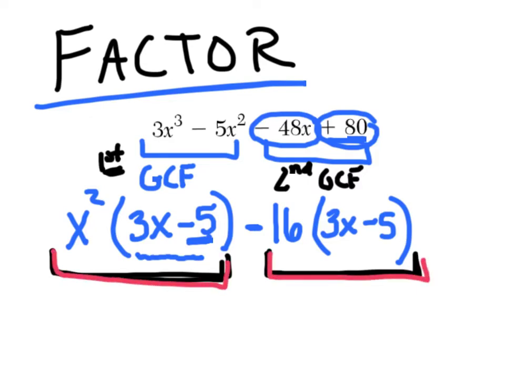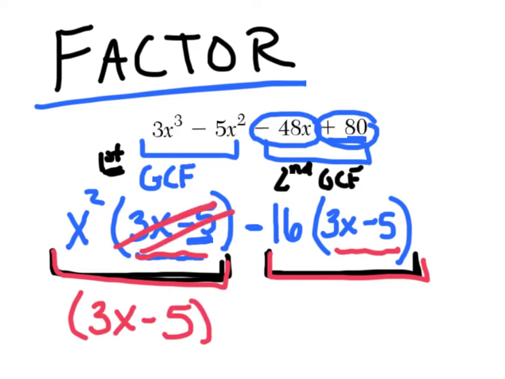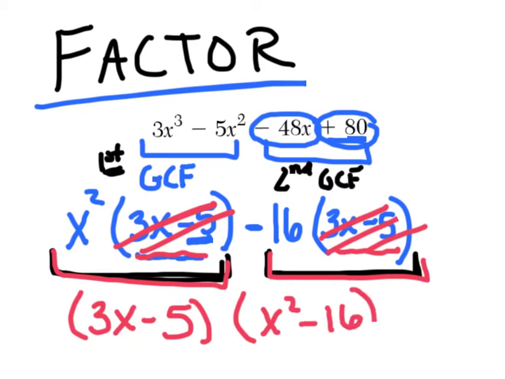I would say they both have the 3x minus 5. So again, I'm pulling that out as a GCF. Now if I take that out, on this side I have x squared, and on this side I have minus 16. Okay, so I just want to make a note that that was my third GCF.